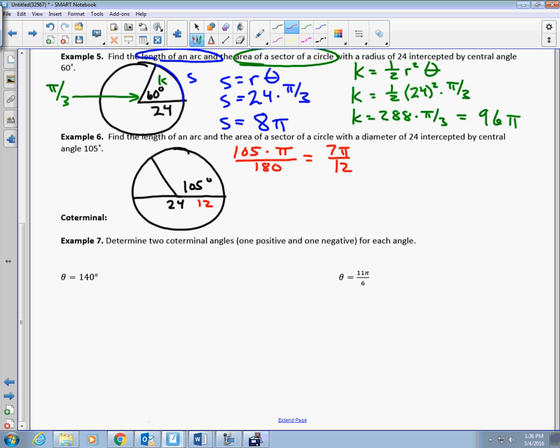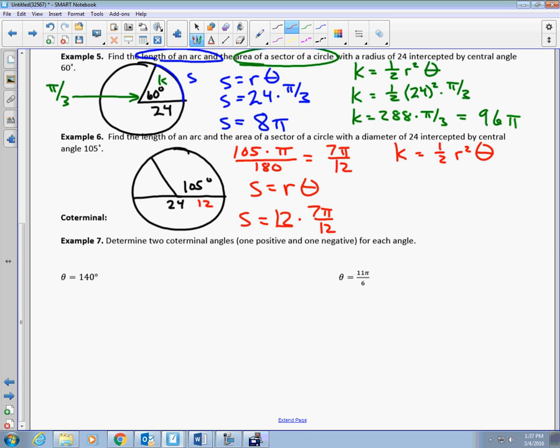So now I have two formulas. S is equal to r theta, and K is equal to 1/2 r squared theta. So S is equal to, R is 12 times 7 pi over 12. Hey, what happens?